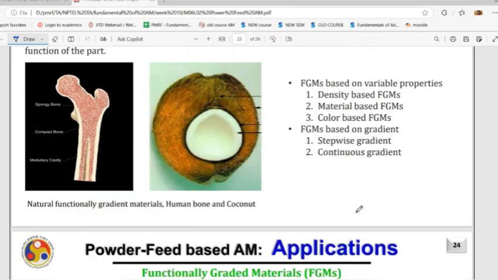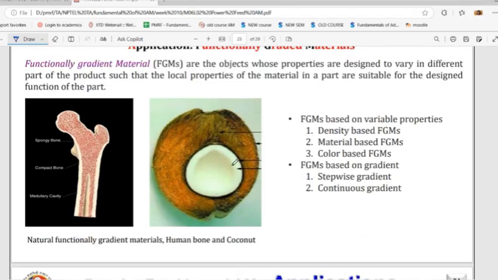This is the example of the FGM that I have told you about. FGM means functionally graded materials, where you can find different density or different property at different locations. So density based FGM is one, material based is another, color based is another.